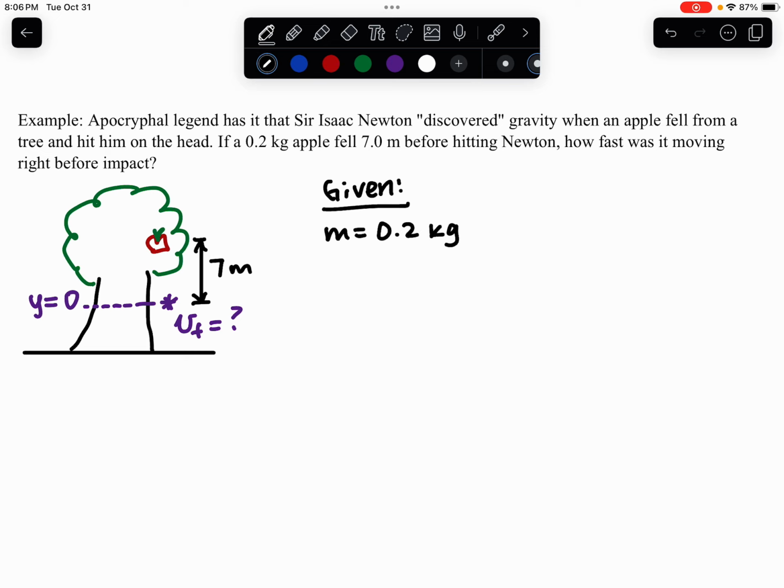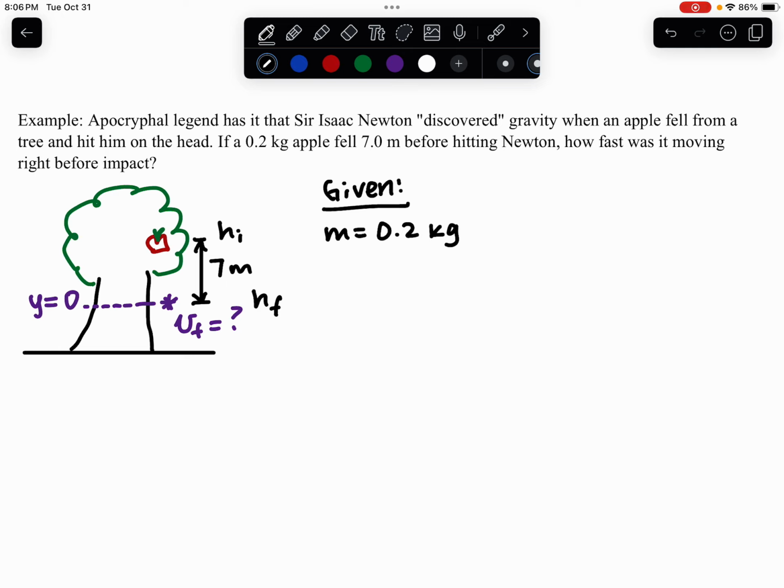And now, because we're going to apply conservation of energy, let's think what's the initial and the final height. The initial height is going to be over here before the apple fell. And over here, at the impact location, this is h final.